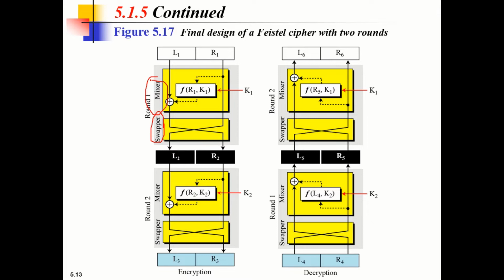The swappers which we use over here in the encryption, the effect of these swappers will be reversed by the swappers which we use at the decrypting end. Okay, so the swapping which is done over here at the encrypting end will be reversed at the decrypting end using these swappers, right?